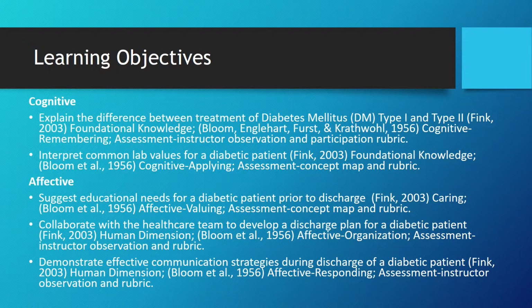You can see the learning objectives here on the screen. I have 2 from the cognitive domain and 3 from the affective. What I was really looking for with this post-conference was for the students to do a nice review of diabetes, comparing type 1 and type 2. We talked about the pathophysiology as well as the treatment differences there. We talked about some labs that we monitor for our diabetic patients.